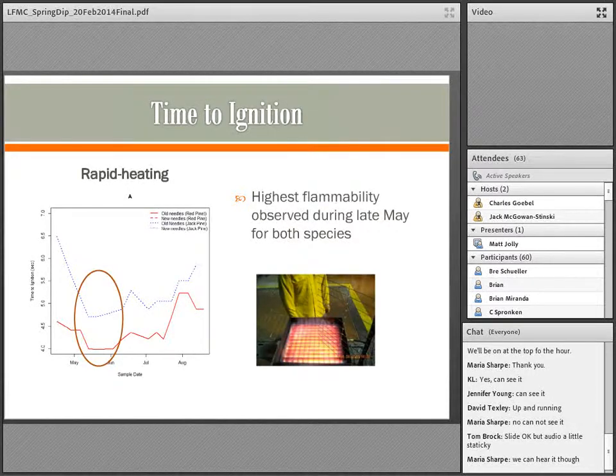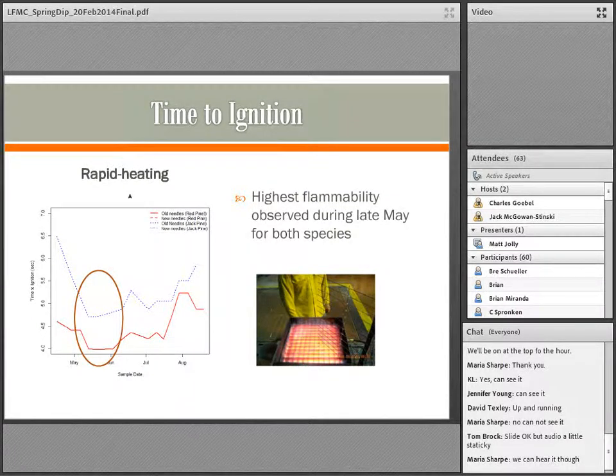If we look at the time to ignition results, basically what we see is that under rapid heating, our burner can ignite these needles in about 4 seconds, 4 to 6 seconds, which is orders of magnitude faster than a lot of studies have reported. But it's very, very realistic in terms of what kind of conditions they would be introduced to in a wildfire.